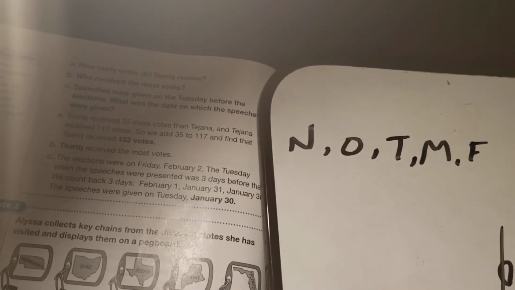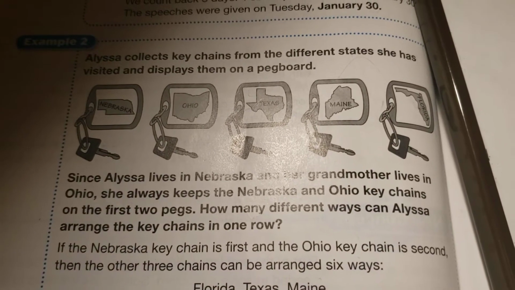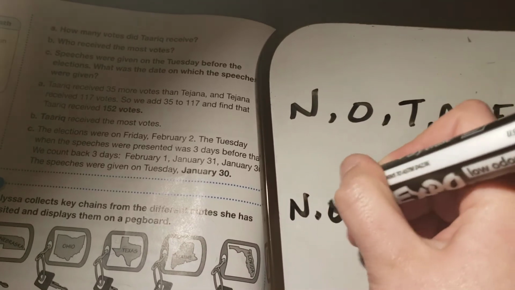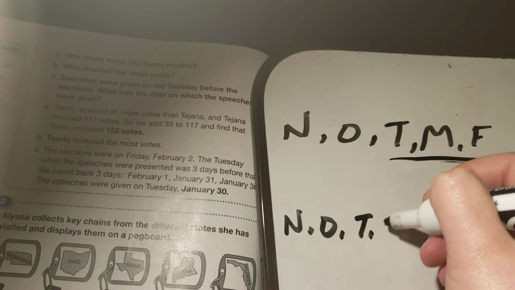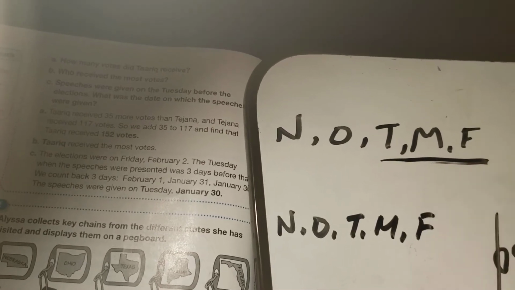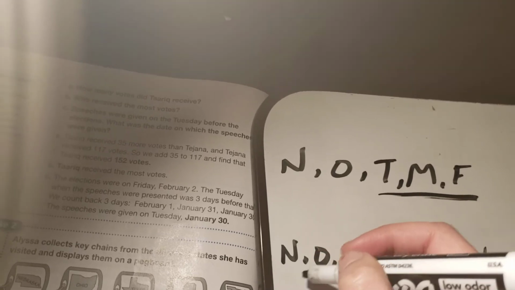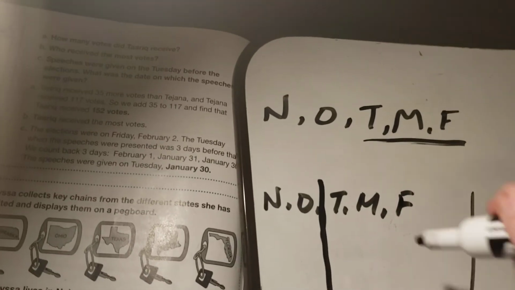And it says she always keeps Nebraska and Ohio keychains on the first two pegs. So we can have Nebraska first, Ohio second, and we can keep it just like this. Texas, Maine, Florida. We can also, so now that we know that that stays there, we don't have to keep dealing with that.